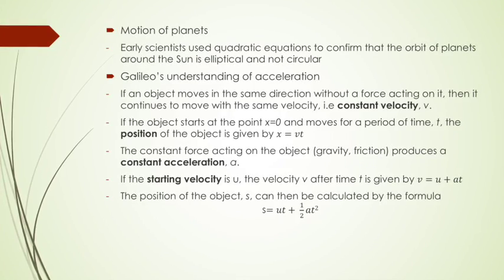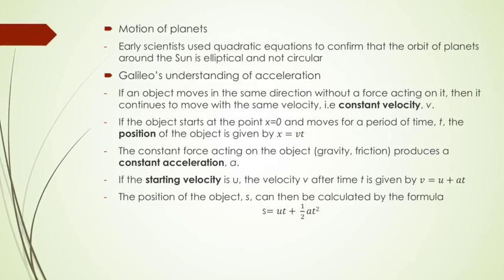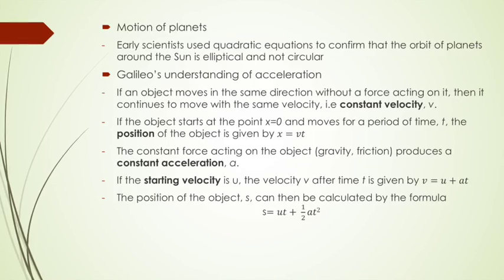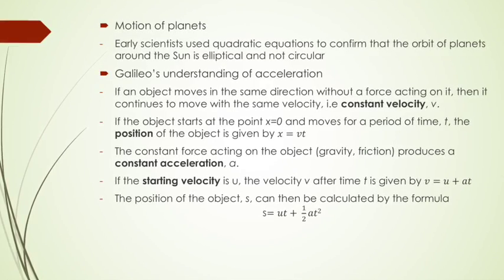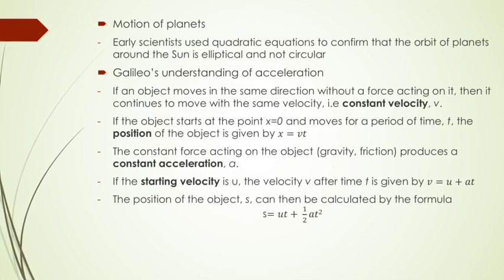If an object moves in the same direction without a force acting on it, then it continues to move with the same constant velocity v. If the object starts at the point x equal to 0 and moves for a period of time t, the position of the object is given by x is equal to vt.